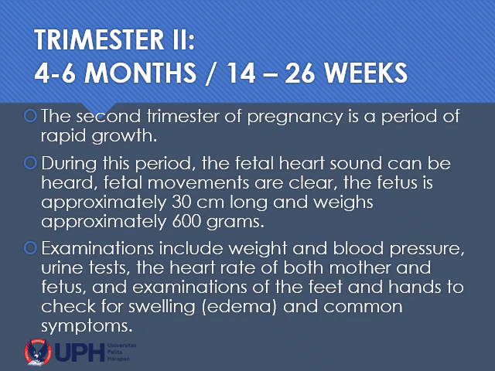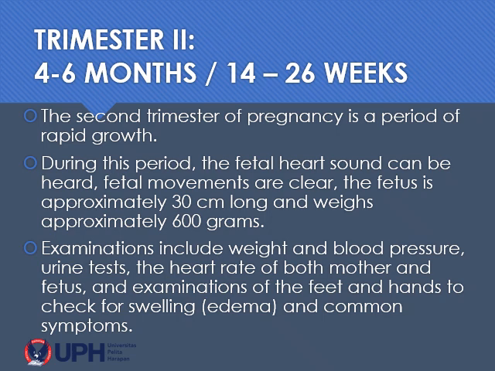On trimester 2, or around 4 to 6 months of the pregnancy, 14 to 26 weeks, this is what we call the period of rapid growth. Here we can start to listen to the fetal heart sound, and we can also see the fetal movement, and the fetus is around 30 centimeters long and around 600 grams in weight.